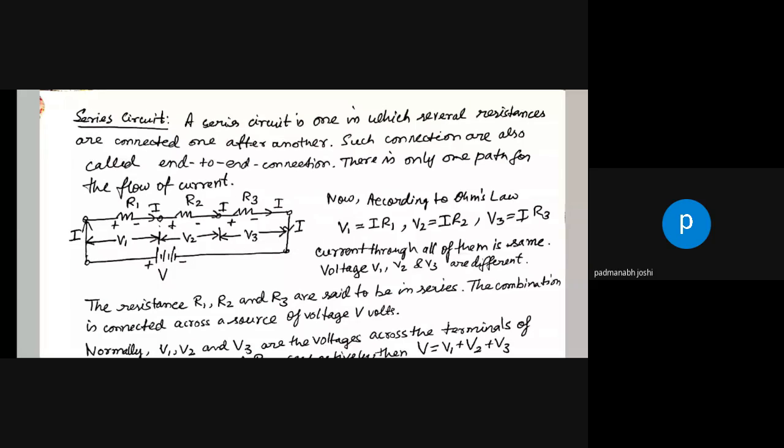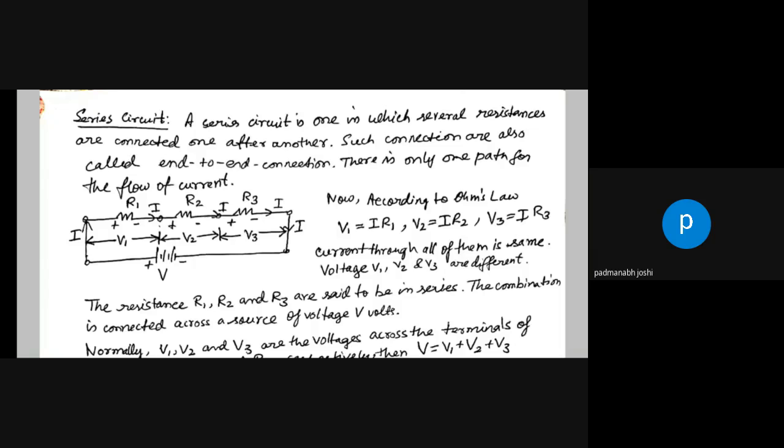Now it's okay. So, series circuit: we will go through the different types of connection of the resistances or passive elements. Since we are into DC circuits, resistances can be connected in series or in parallel.